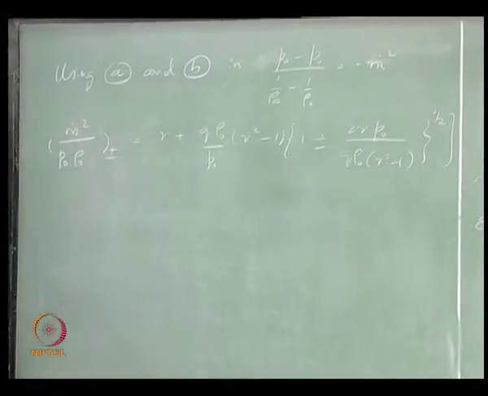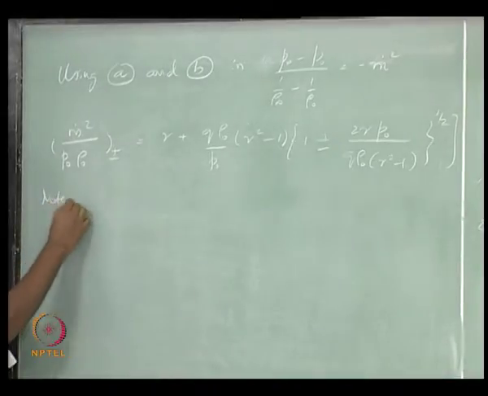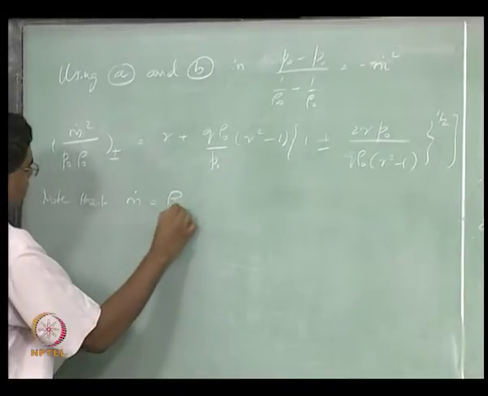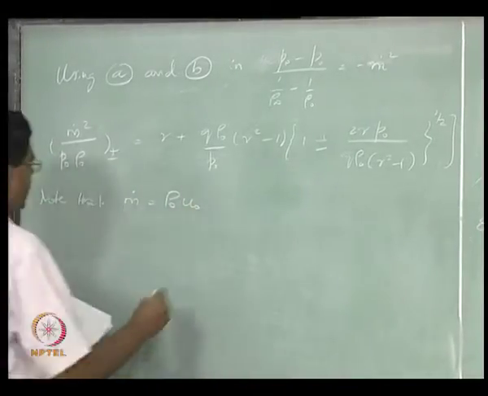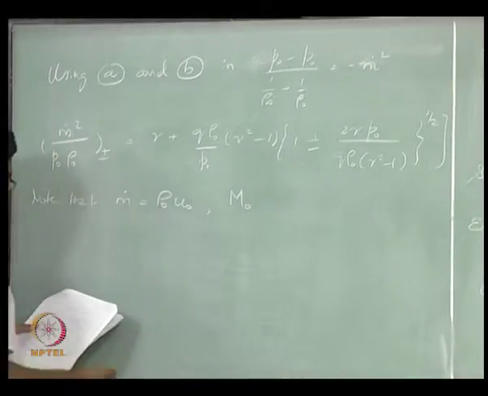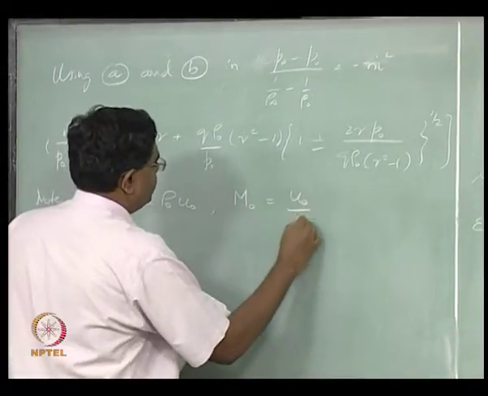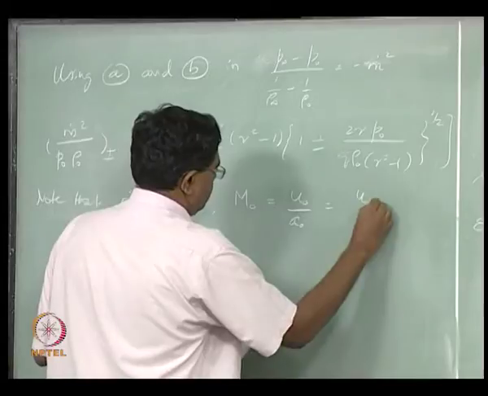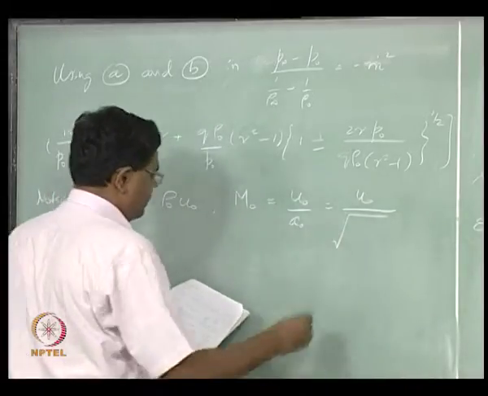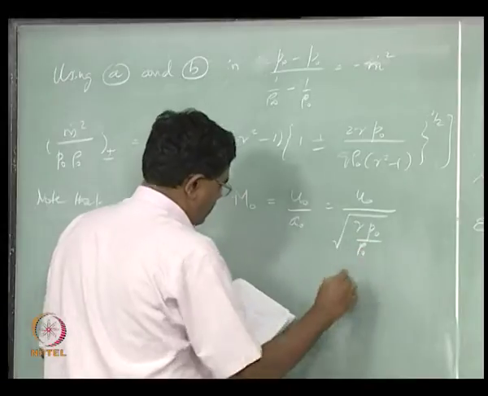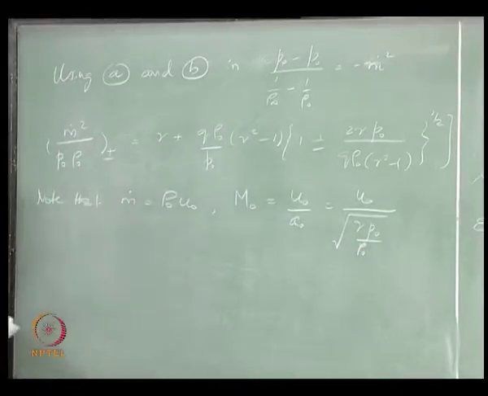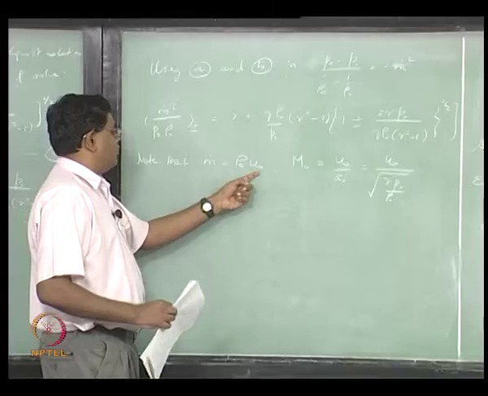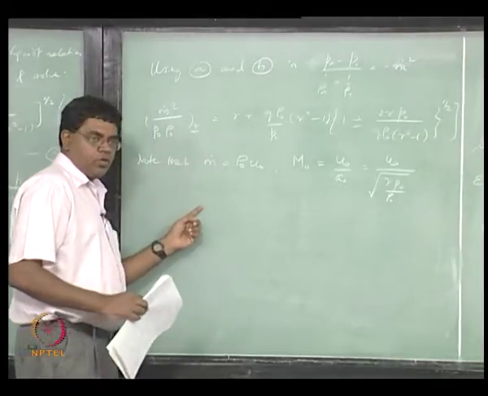Okay, note that m dot equals rho naught u naught, and the Mach number M naught is going to be written as u naught divided by a naught, which is nothing but u naught divided by square root of gamma p naught divided by rho naught. If you now notice that m dot is nothing but rho naught u naught, you write your u naught as m dot divided by rho naught.